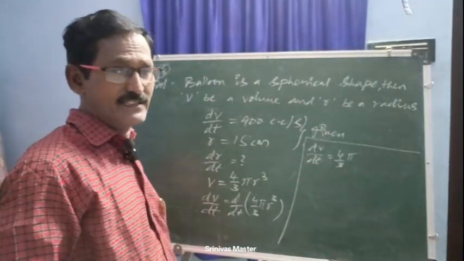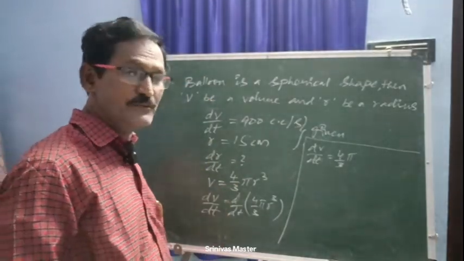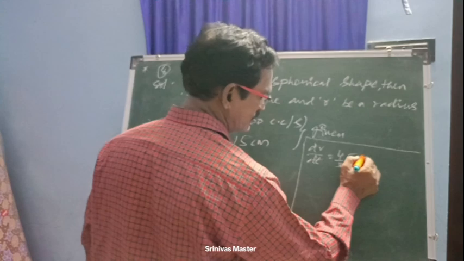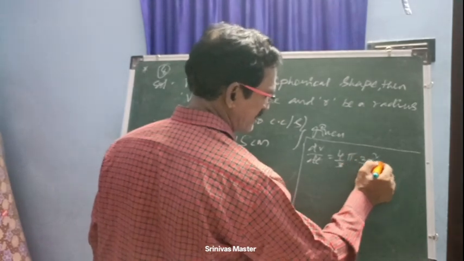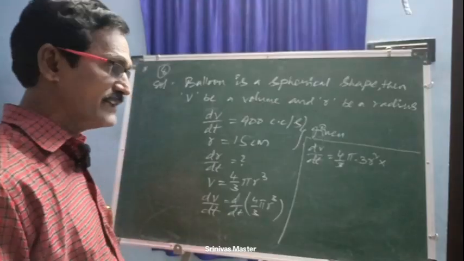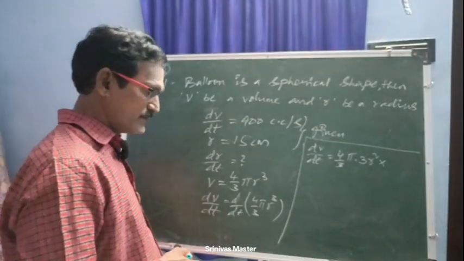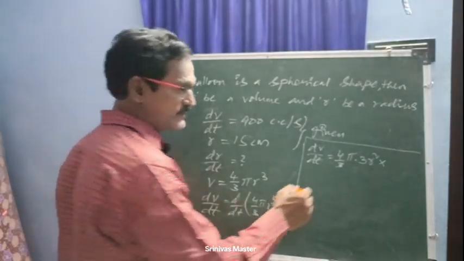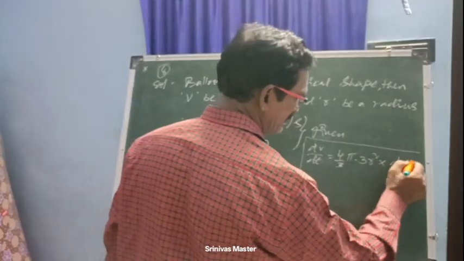The derivative of x cube is 3x square, no? In the same way the derivative of r cube is 3r square, into the derivative of r with respect to t, which is dr by dt.